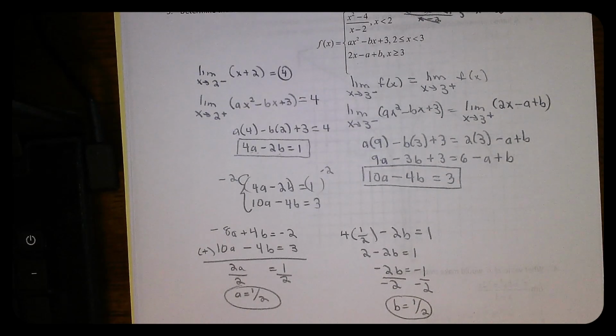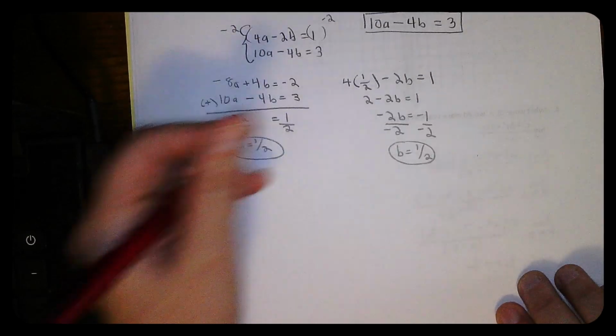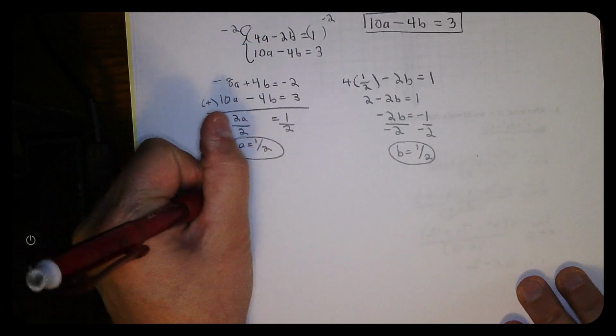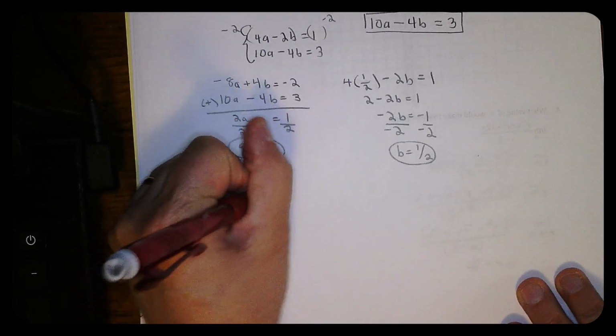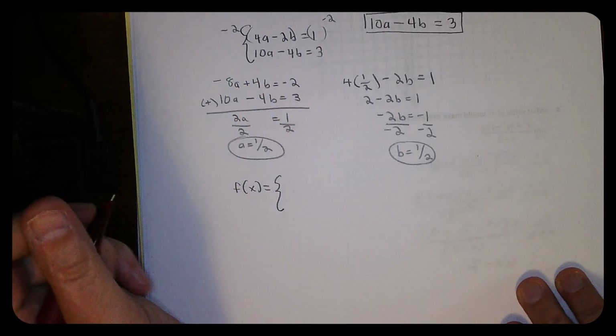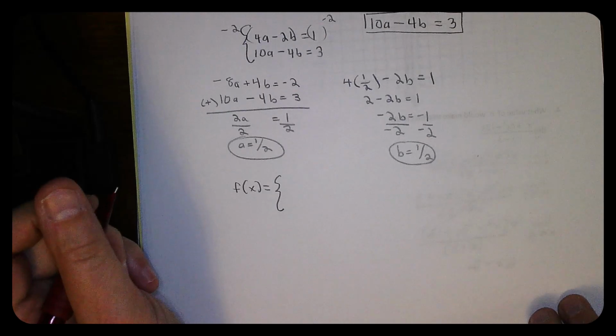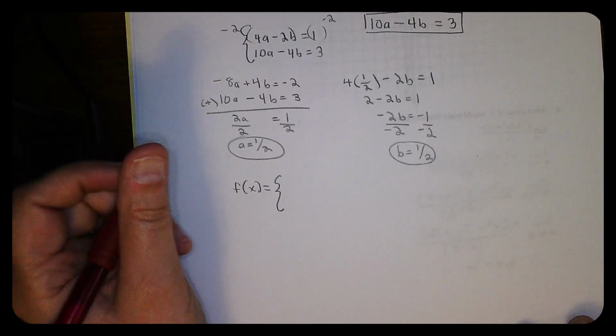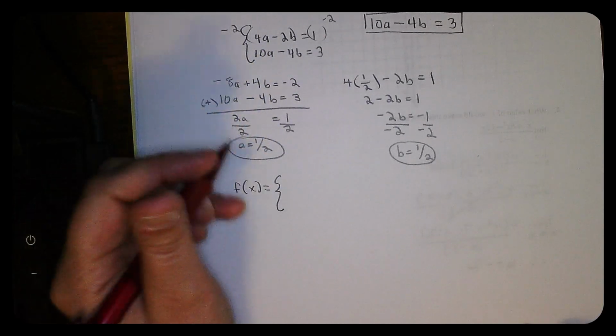Now, it's a fun exercise to check this. So I'll just put these a's and b's, and this will give you an extra problem to check. Prove that a 1/2 and b 1/2 is going to work. It's going to make this function continuous everywhere.